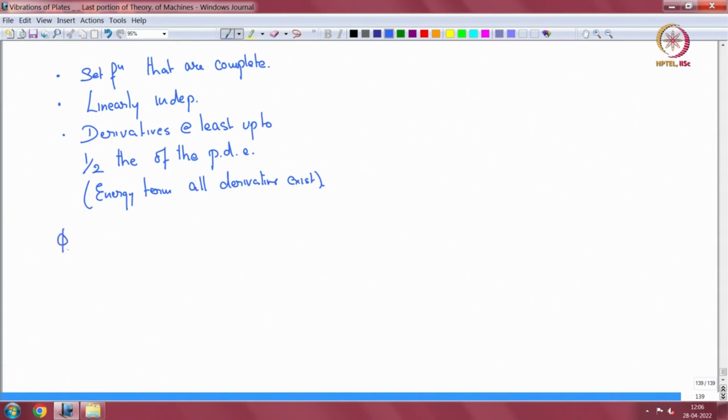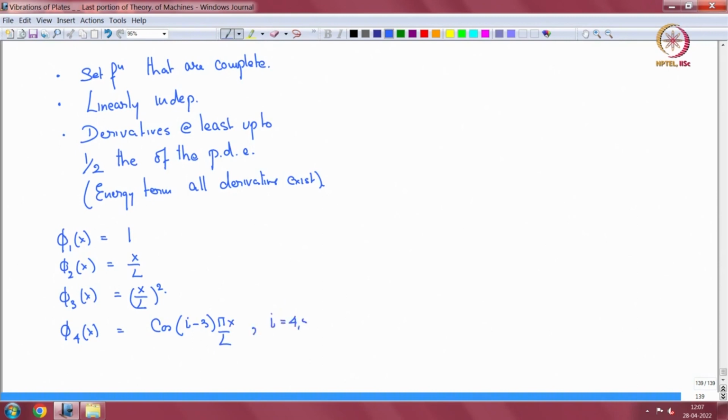They say phi 1 of x is equal to 1, phi 2 of x is equal to x by L, phi 3 of x is x by L whole squared, and from the higher order terms onwards they implement the transcendental cosine terms, starting from 4, 5 and so on.